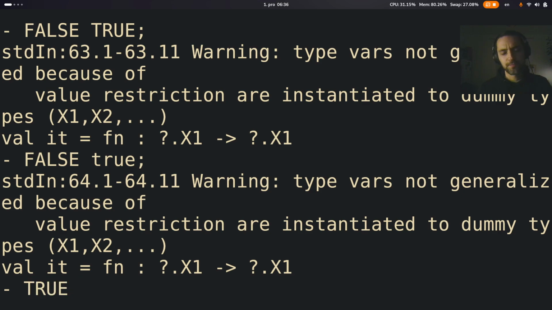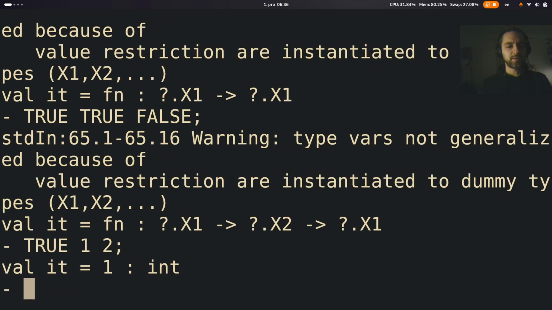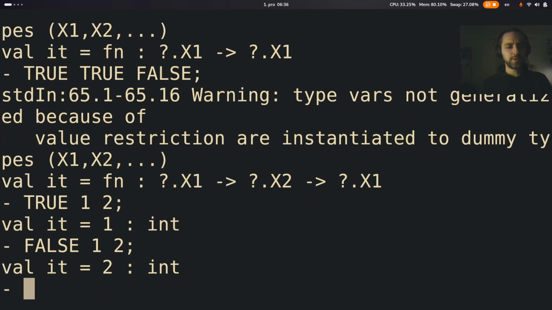True of true and false. No. What did we define actually? True: 1 and 2, right? And it gives back 1. And false, 1 and 2, it gives back 2.